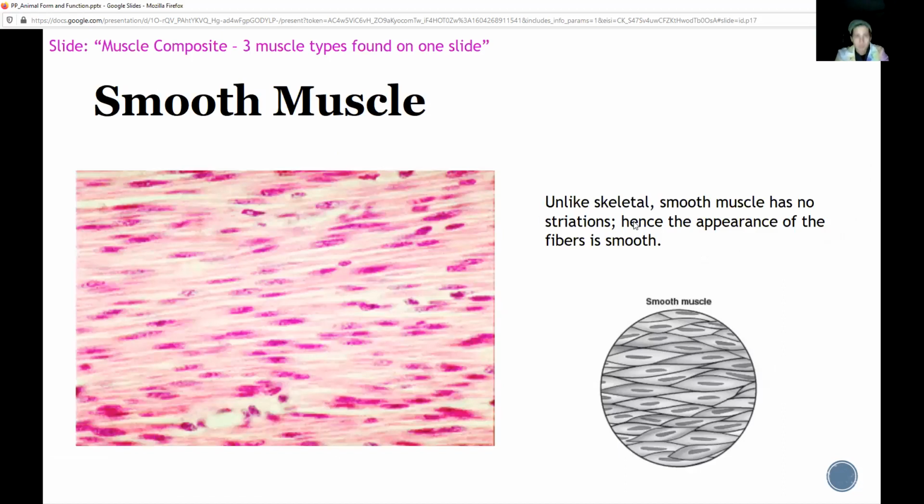So, first one we're going to be talking about here is smooth muscle. So let me go ahead and pop that one on. We have an old slide here that's going to look a little bit more like this image. Let's check it out real quick.